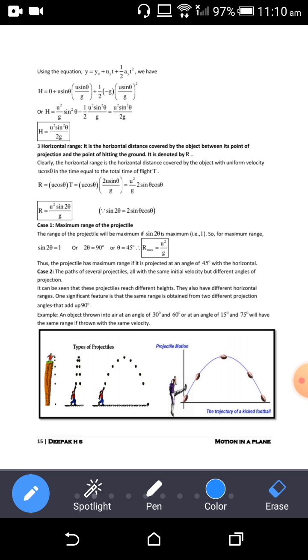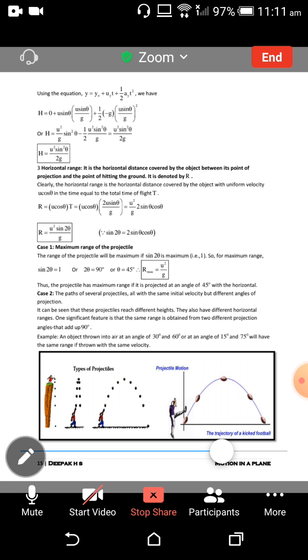That is what I said: when the projectile is projected at an angle of 45 degrees, it covers the maximum distance. So this is regarding the maximum range of a projectile.